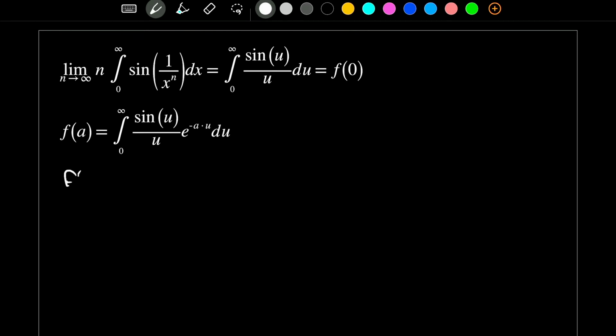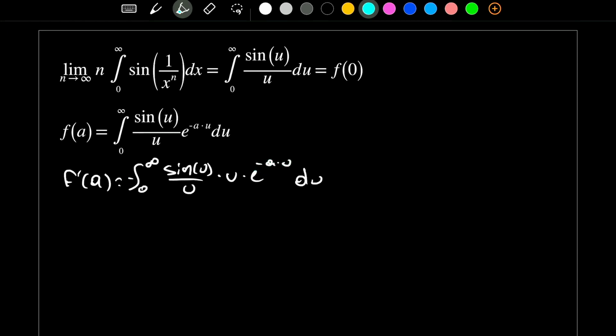So f prime of a is going to equal the integral from 0 to infinity, ignoring that this is an integral, minus, because we're going to differentiate with respect to a here, very important that you get that, times u times e to the power of minus a times u, du. This minus sign comes from the chain rule of differentiating e to the power of minus a times u, and the same goes for the times u, also from the chain rule.